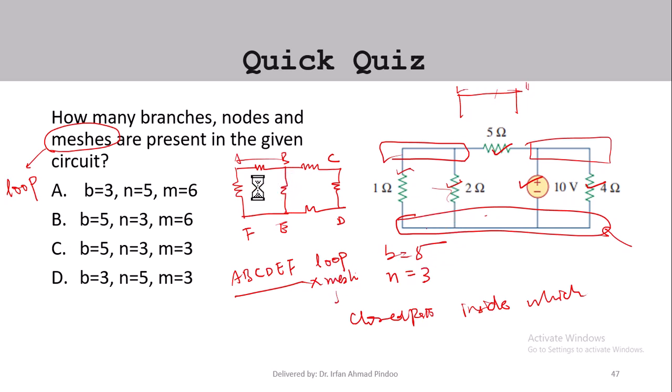So if we look here, this is a mesh, this is a mesh, but A, B, C, D, E, F as a whole is not a mesh.